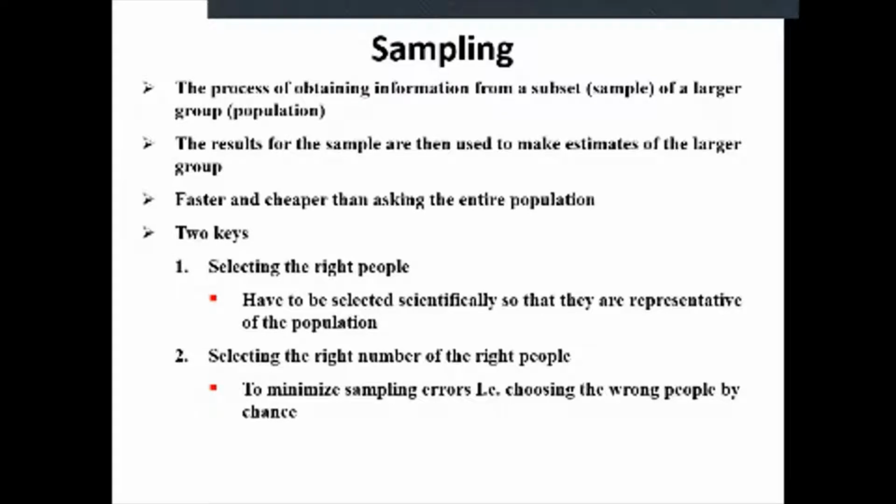The concept for study here is sampling design. Sampling design is a broader concept. It is like a research design. First comes the research design. Under research design, we have to go through sampling design.